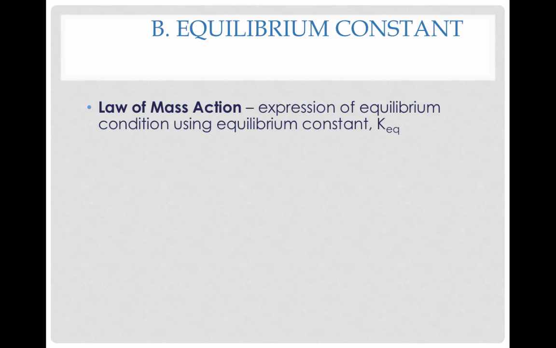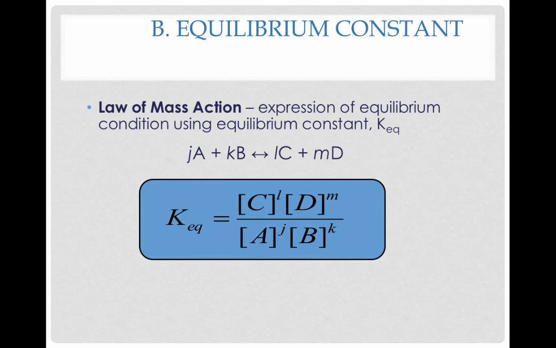As an example, here's just a generic formula. So the KEQ, if you look at the equation, the italicized lowercase letters J, K, L, and M refer to the coefficients from the balanced equation. A, B, C, D are going to be the reactants and the products.